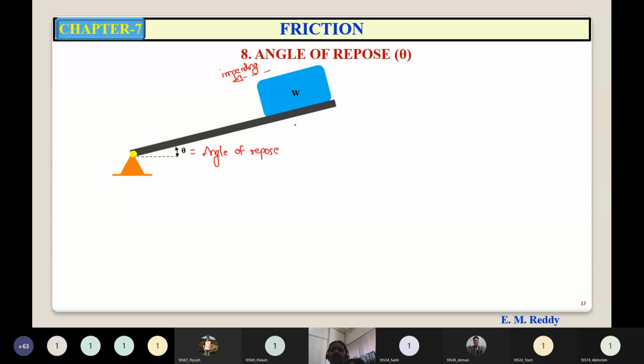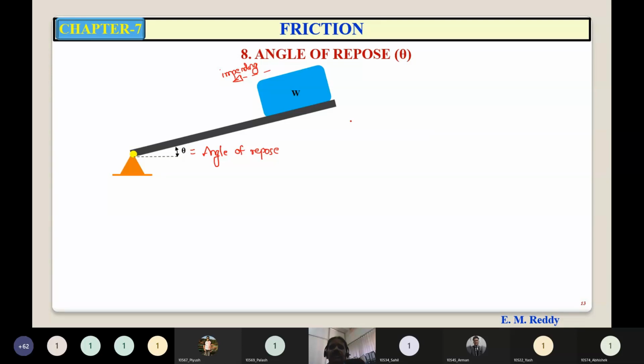So angle of repose is defined as the angle made by the platform with respect to the horizontal when the body is on the verge of sliding down under its own weight. Remember, no external forces are acting on the body. The body is tending to slide down because of its own weight, right? Then that angle made by the platform with horizontal is known as angle of repose.